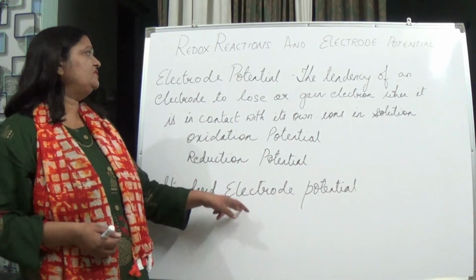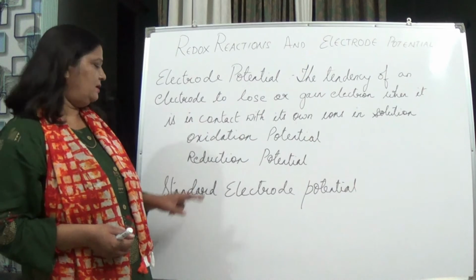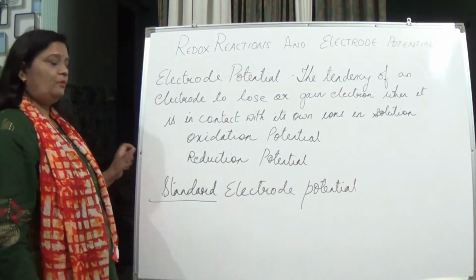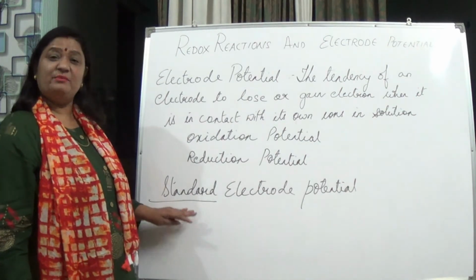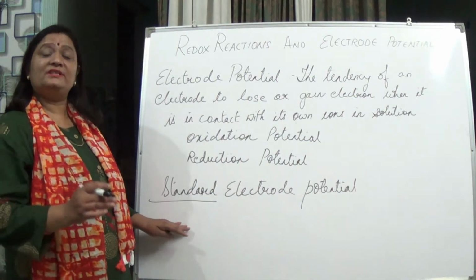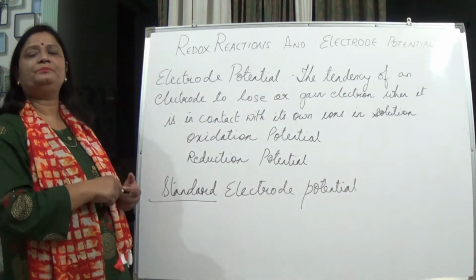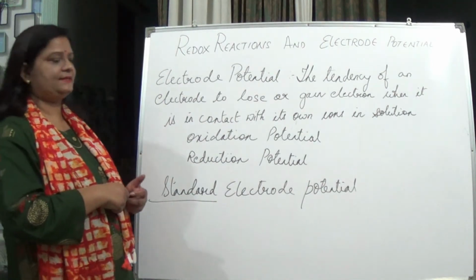Now, standard electrode potential. Standard electrode potential is electrode potential only, but the word here is standard. What is this standard? Standard means something which has a specific concentration, temperature and pressure if it is a gas.